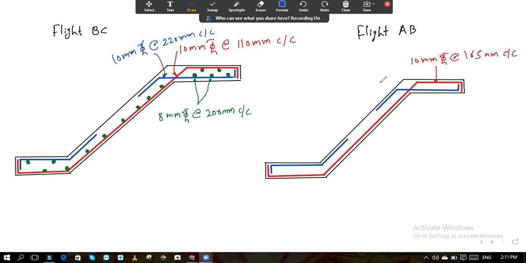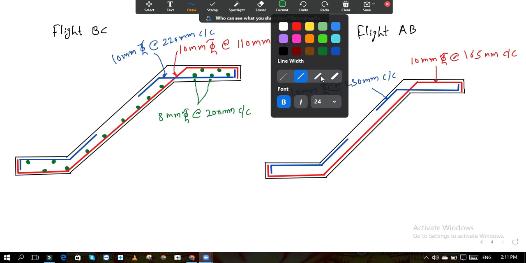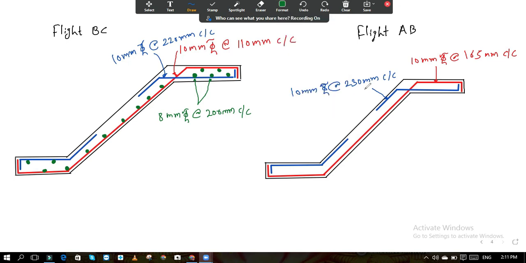So we know the top extra bar is 10 diameter, about 230 center to center. And last, distribution steel, that we will draw over here.